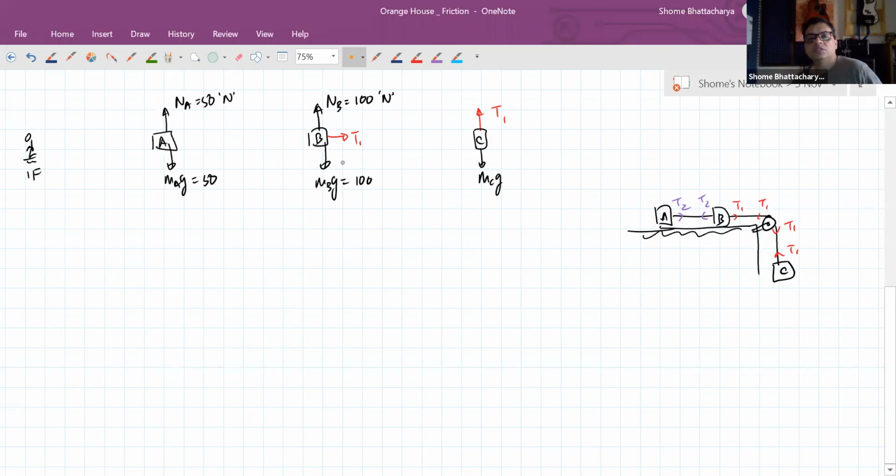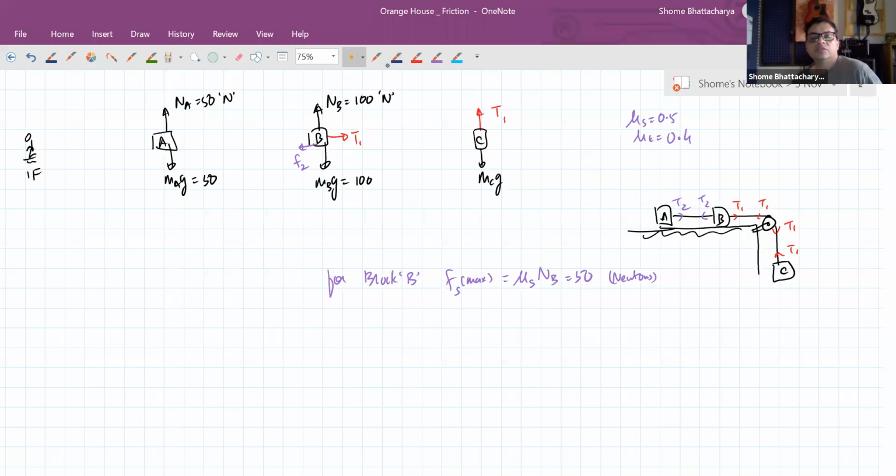Now why I'm saying if at all, because there is also friction on this block. So there is friction F2, let's say, on this. Okay. Now you can see for the block B, the maximum static friction will be coefficient of static friction times normal reaction. So it will be 50 newtons, because coefficient of static friction was given to us as 0.5, kinetic friction was given as 0.4.